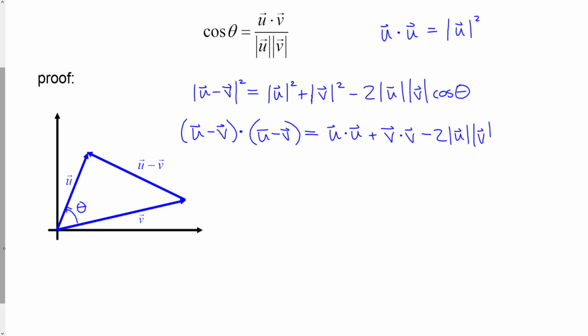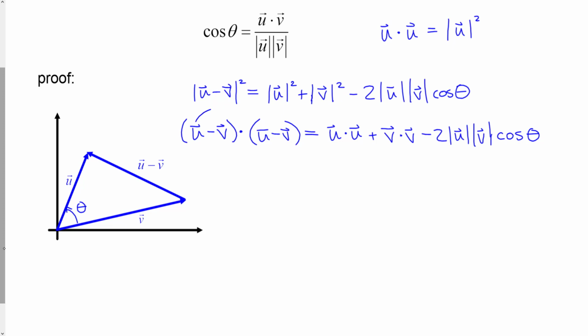So cosine theta. All right, now the next step, because I have binomials, so two vectors that are subtracted in this case, and I'm taking the dot product between them. There's another property that says that we have a distributive property with vectors. And because we have a distributive property, it inherently implies that we also have FOIL. So I can FOIL these vectors out.